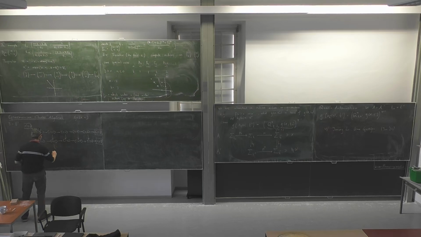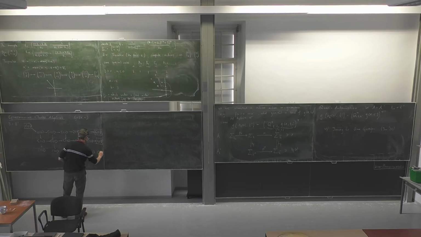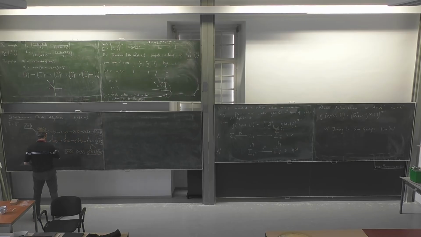Hopefully the general pattern for general K and N is obvious from just the labeling that I'm doing here. So I'm putting boxes around the variables that are frozen.